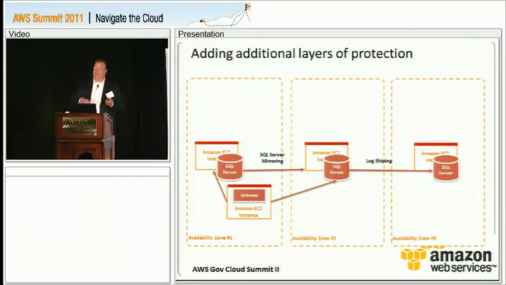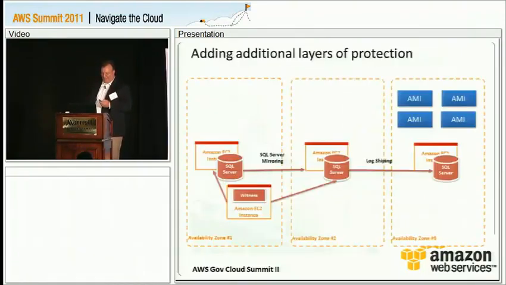If something really bad happens, you just start up the whole environment in another region, and that might take an hour to get everything in sync or up and running, and that might be sufficient. But if you're running an application where you have very low RTO and RPO requirements, then these types of designs tend to work pretty well.